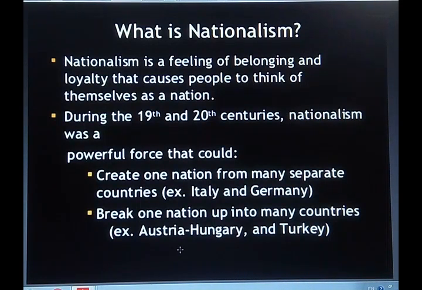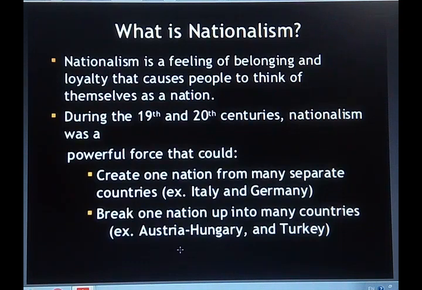Remember, during the 19th and 20th century, the idea of nationalism was a powerful force, and nationalism rightly opposed the monarchy system. So it was a powerful force that could, number one, create one nation from many separate countries. Example of Italy and Germany that we will study. How they were separate countries, but they were brought as one nation.